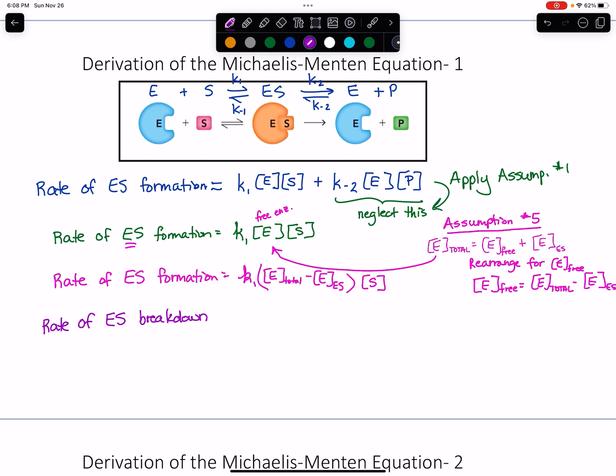All right, so the rate of enzyme substrate breakdown is going to be a combination of both dissociation, or being converted to product.